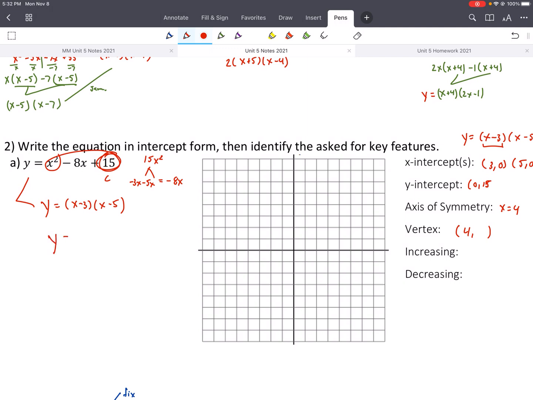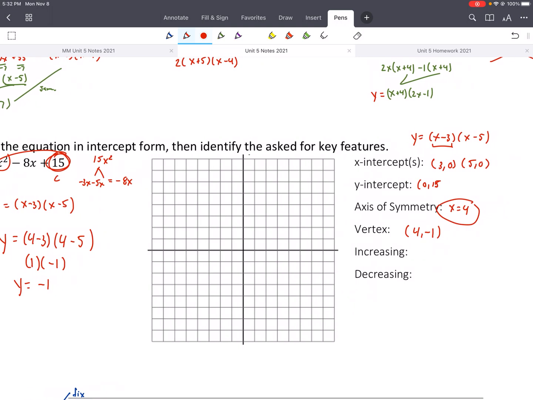So you could do y equals 4 minus 3 and 4 minus 5. And you'd get 1 times negative 1, which gives us negative 1. So our vertex will be 4, negative 1. Again, that's like your y for your vertex, and the axis of symmetry is like the x for your vertex.